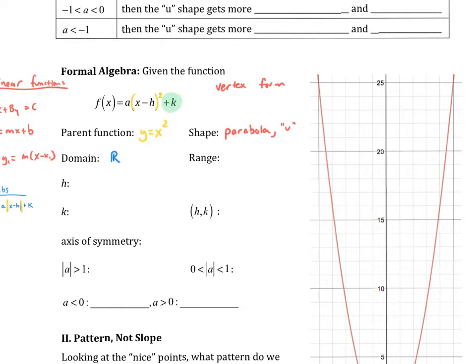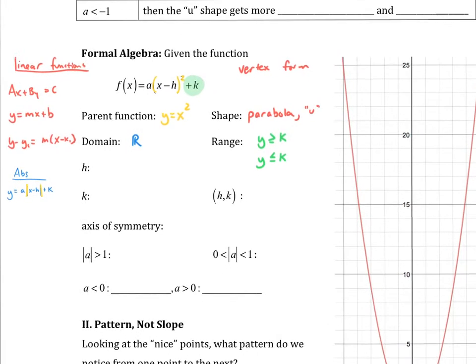So y is either greater than or equal to k, or y is less than or equal to k. That's actually important to tell, depending on which direction it opens, which we'll get to in just a second. All right, we recall, of course, our friend h, and notice that h is there without that negative, it's the opposite of what I see.